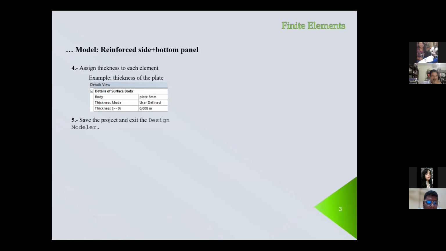When you complete this in Design Modeler, you have to close this module and then enter the model. In this model, you have to specify and generate the mesh, then apply boundary conditions and loads, and then select the parameters of the results that you want to see.